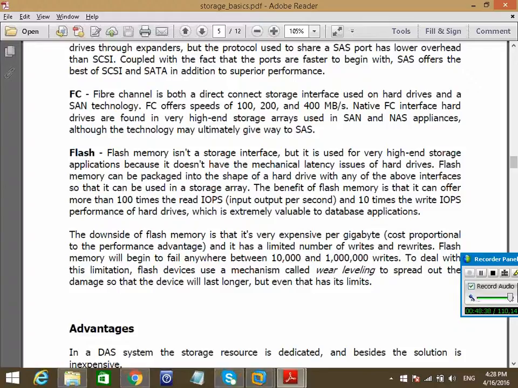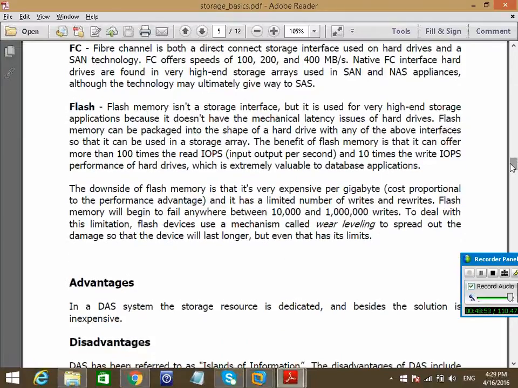So cost is very high and it has a limited number of writes and rewrites. Flash memory will begin to fade anywhere between 10,000 to 1 lakh writes. To deal with this limitation, flash devices use a mechanism called wear leveling to spread out the damage so that the device will last longer. But it has its limit. You can read on your own what exactly flash memory is.